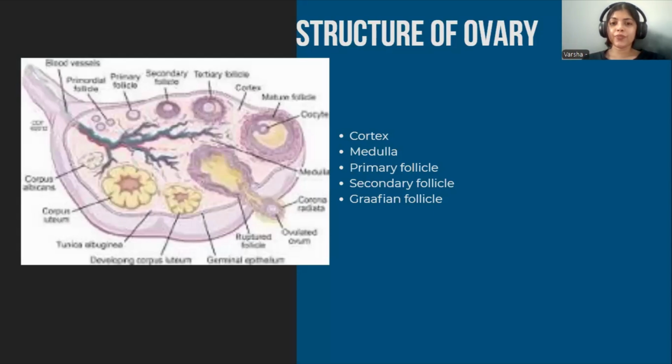Structure of the ovary. You can see in this diagram carefully that the ovary has two major regions. First is this outer cortex, and next is this inner medulla. The cortex contains follicles at different stages of development. This is very important for NEET.